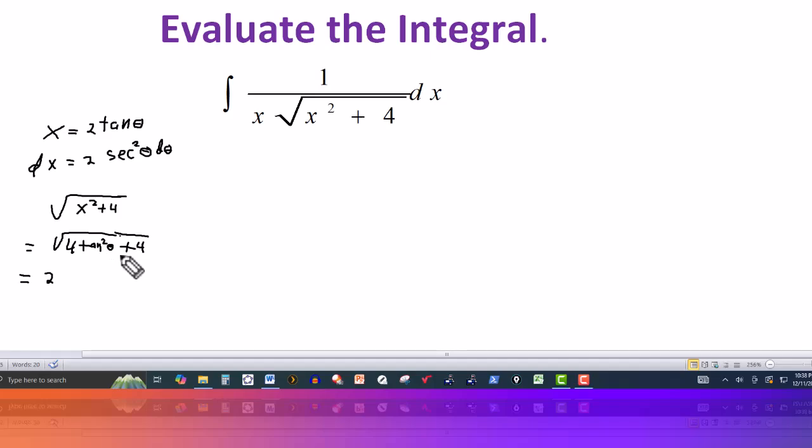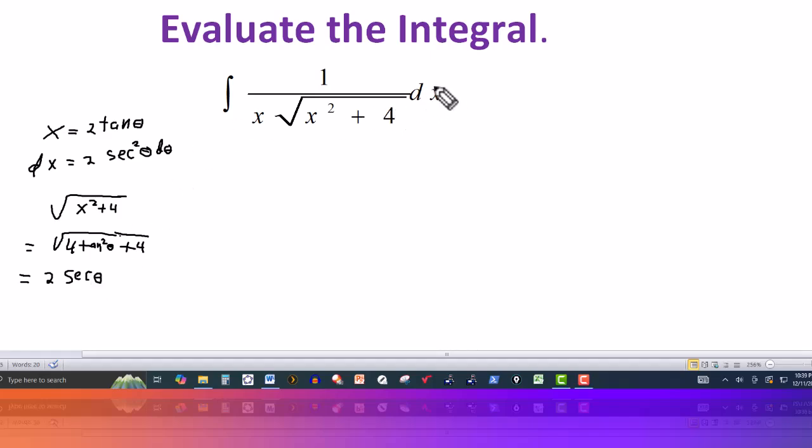And then inside, factoring that 4 out will leave me tangent squared theta plus 1 under the radical. By your trigonometry, tangent squared theta plus 1 is equal to secant squared theta. And then we take the square root of secant squared, we get secant theta.